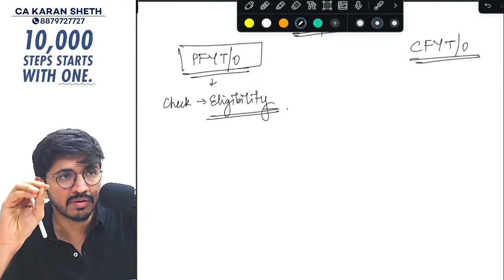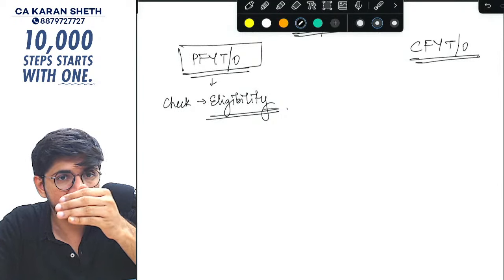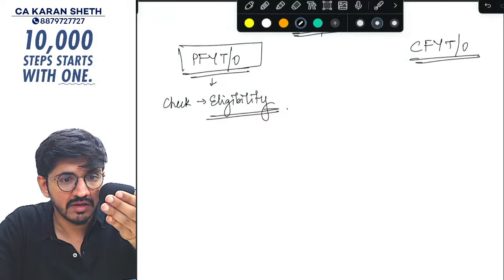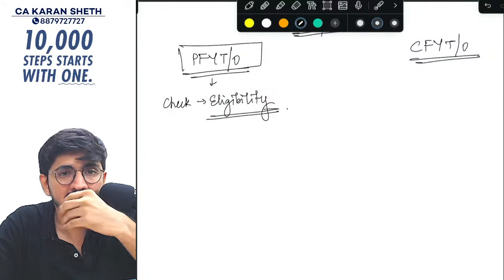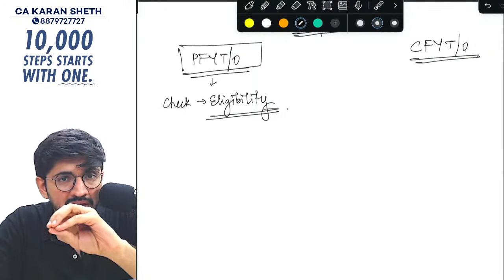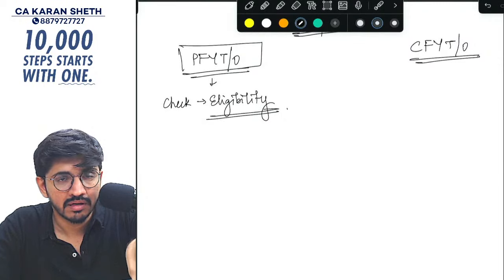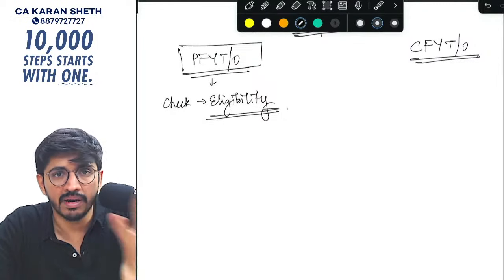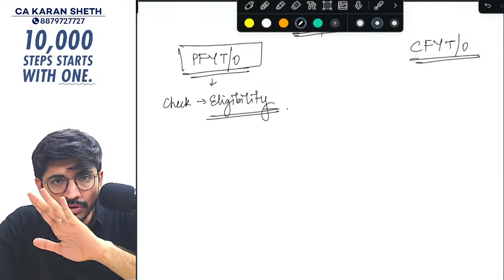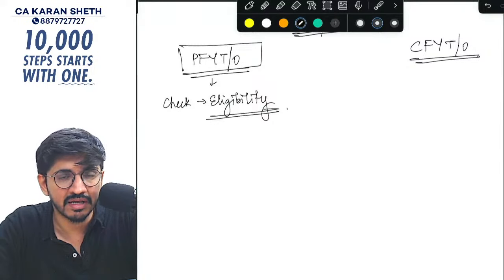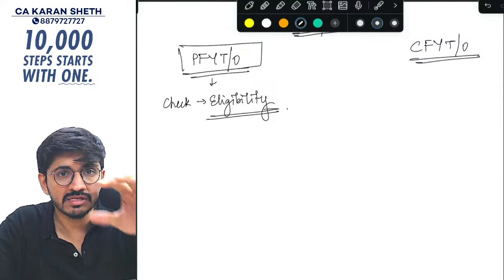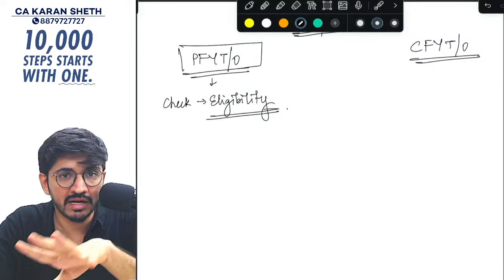If he was under the normal scheme in the preceding financial year, he can do anything and everything. He does not have any conditions to comply with. There is no section 10(2) coming out there and restricting it.